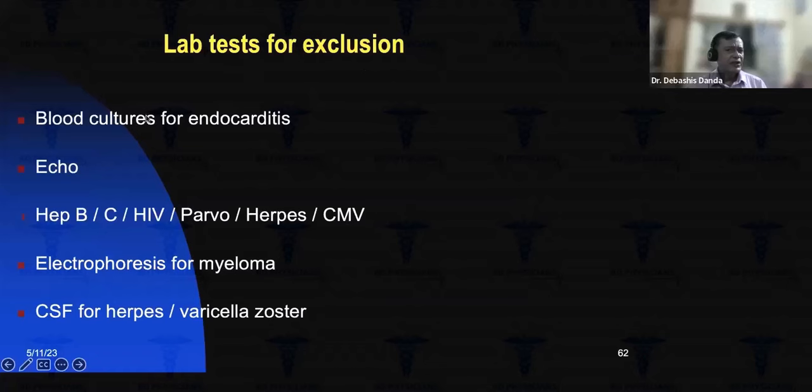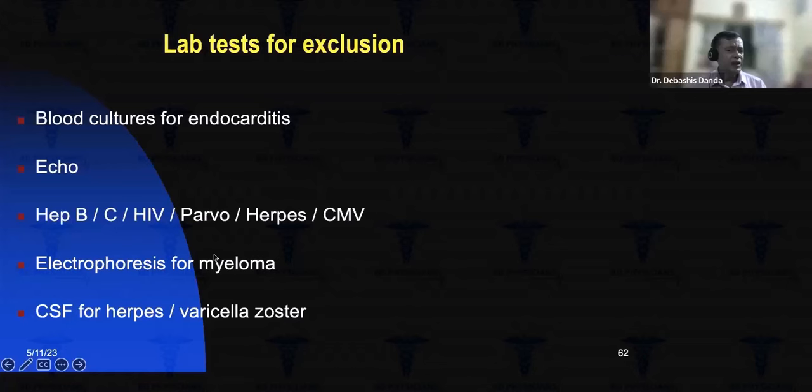Tests like blood culture can be done to rule out endocarditis, and echocardiogram again to rule out endocarditis. Hepatitis B, C, HIV, sometimes parvovirus in children, herpes, and if there are features of headache and seizure, CMV vasculitis, especially in the setting of immunosuppressed patients, one has to look for these as a cause for vasculitis.